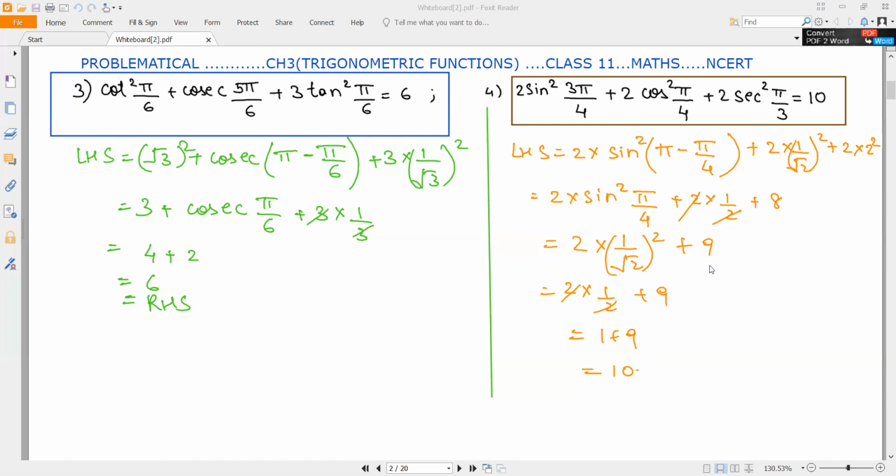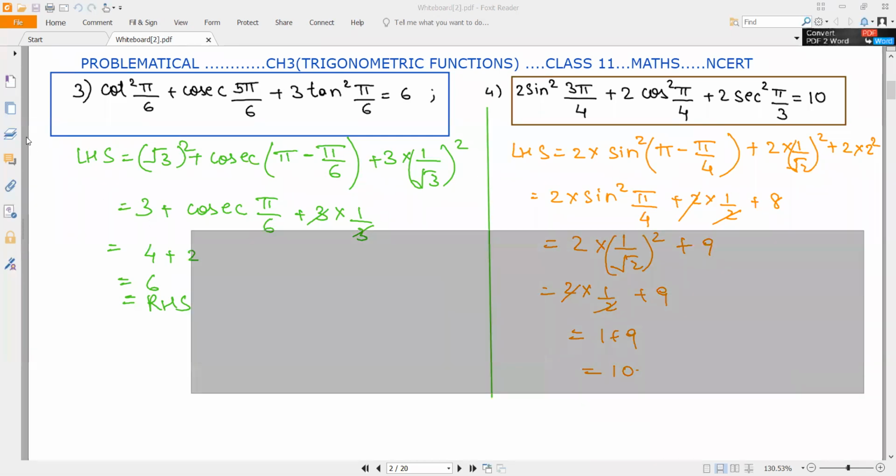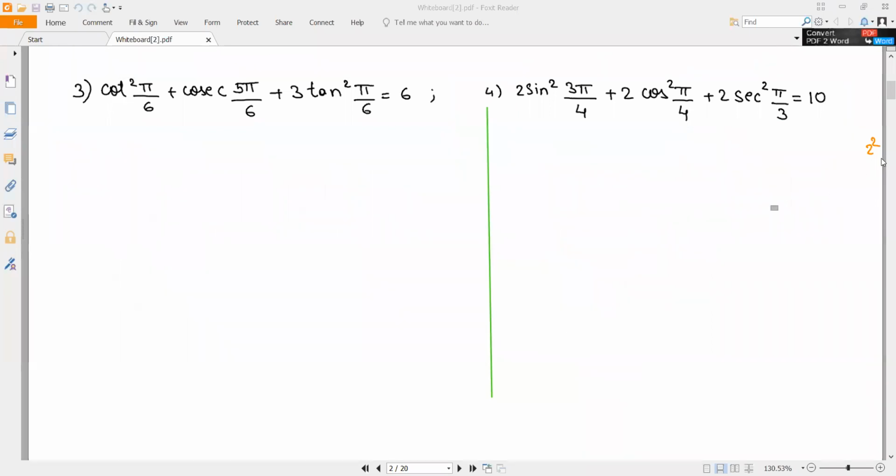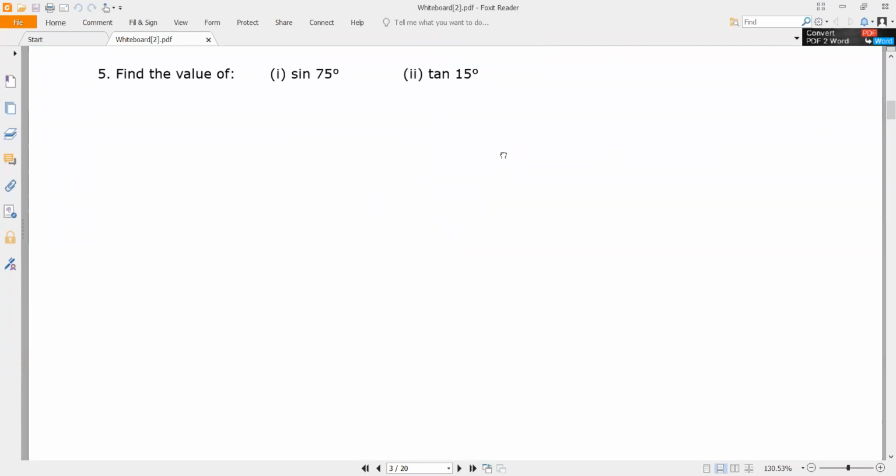Now, next. Find the value of sine 75 degree, tan 15 degree. 1.